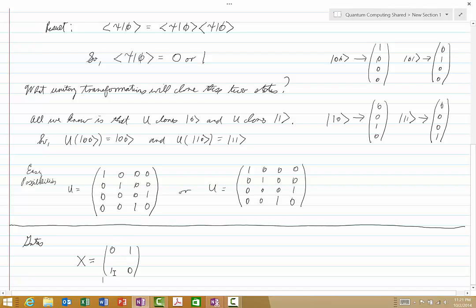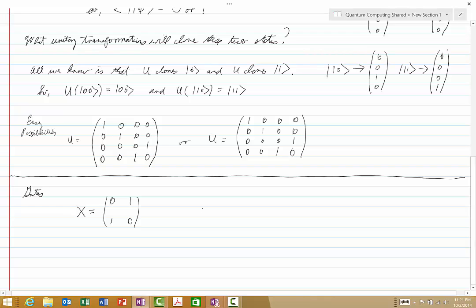It's 0, 1, which corresponds to the ket 1. So this transformation would take the 0 ket to the 1 ket, and the 1 ket to the 0 ket. So this is one important transformation that we'll be dealing with quite a bit.